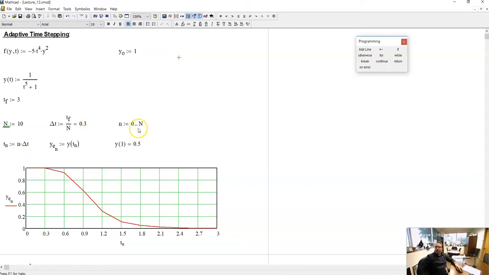So what I'm going to do first is create an array ye, which has the elements of the exact solution. So I'm going to take the exact solution and evaluate it at an array of time values tn.